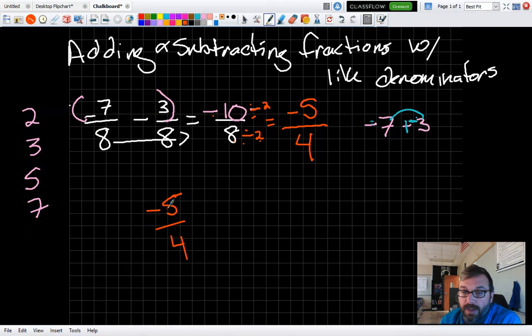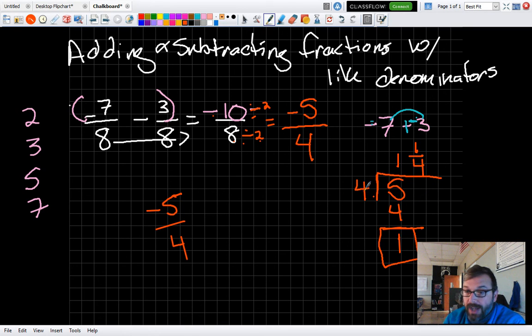Absolutely, because I can put that 4 into the 5 at least once. 4 goes into 5 one time. 1 times 4 is 4, which leaves me with a remainder of 1, and I can represent that as 1 over 4, because I'm looking at 1 divided by 4 still. So this simplifies into negative 1 and 1/4.